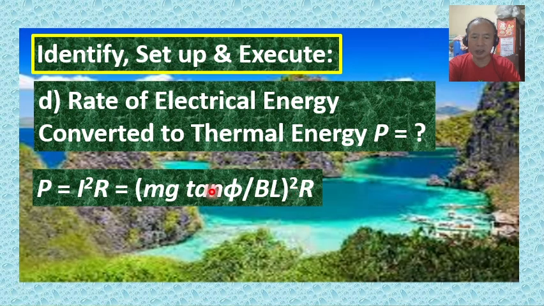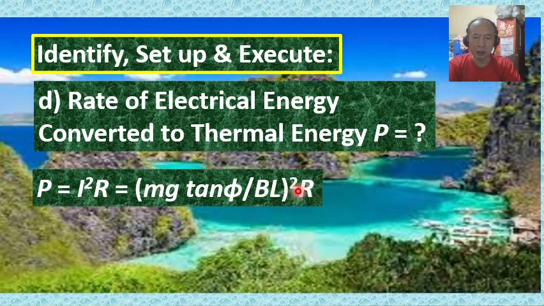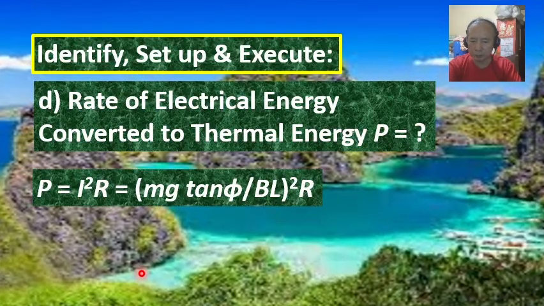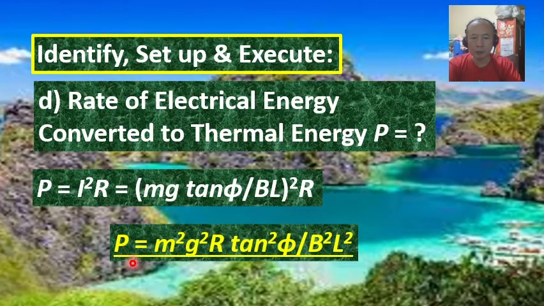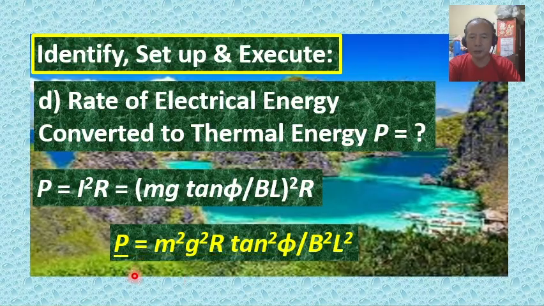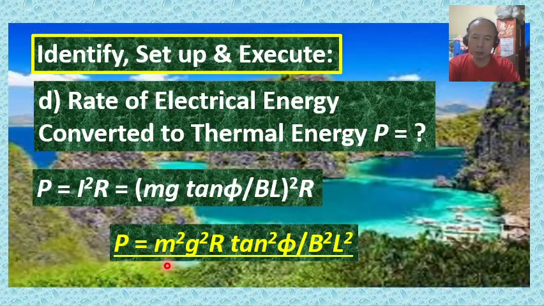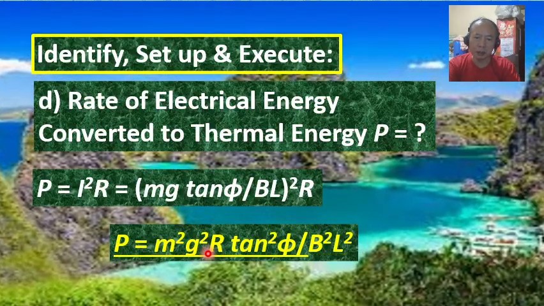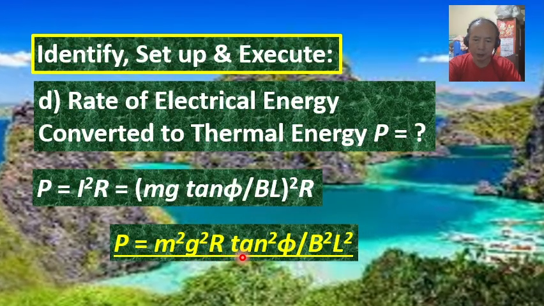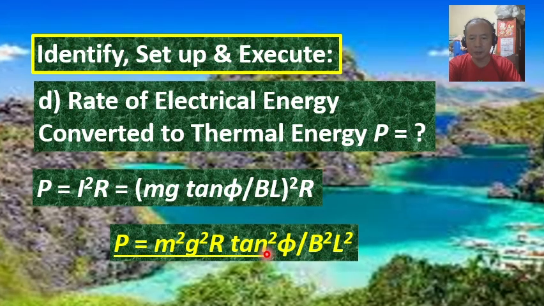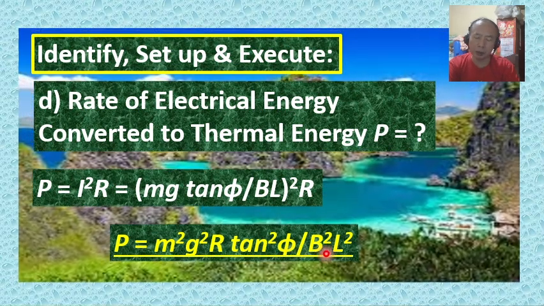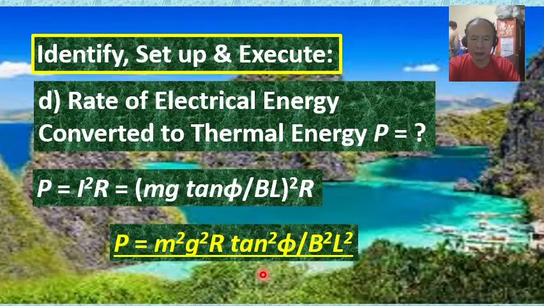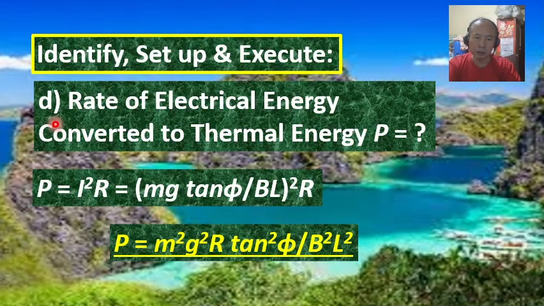All the quantities inside this parenthesis will be squared and then multiplied by the resistance big R, which results in the rate of electrical energy converted to thermal energy P equal to the square of the mass times the square of acceleration due to gravity times big R, and then times the square value of tangent angle phi divided by the square of the magnetic field multiplied by the square of the length capital L, which is our final answer to question letter D.